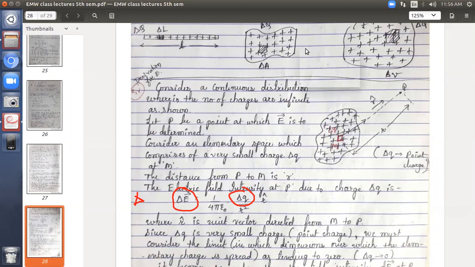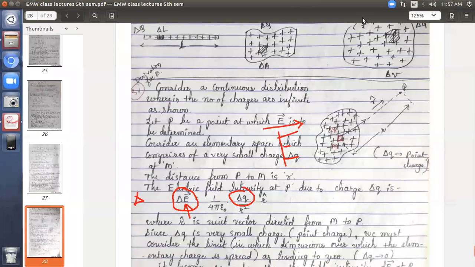No issues. Why is the electric field intensity denoted as delta E? Why not directly E? What's the point in considering delta E first? Why not straightforwardly electric field intensity capital E?